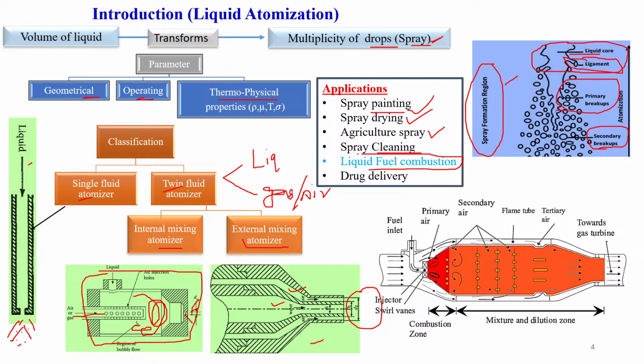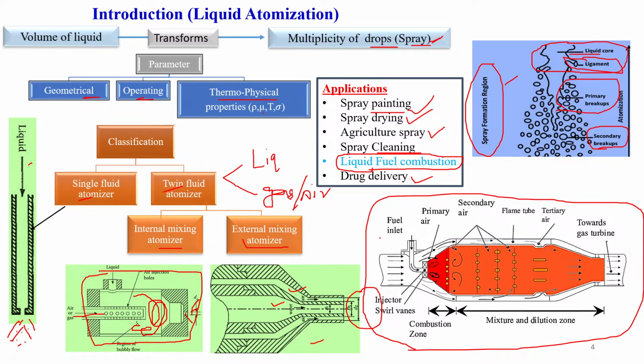This is the main key parameter for efficient combustion in gas turbine applications. In this video I will be focusing on liquid fuel combustion and direct delivery. These are the main key applications of spray. So this is the typical gas turbine combustion system.